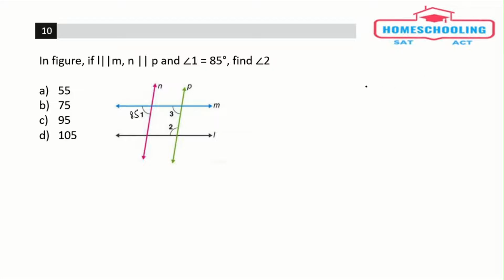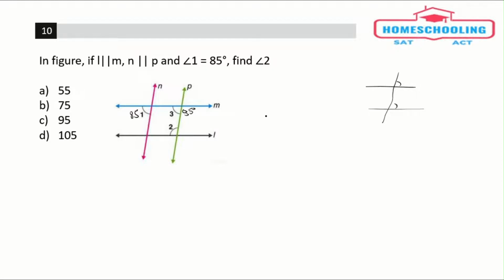As we have read, these two are corresponding angles, and corresponding angles are equal. Similarly, if we take this angle, angle 3 would be the corresponding angle, so both the angles would be the same. So if angle 1 is 85, then angle 3 would also be 85.